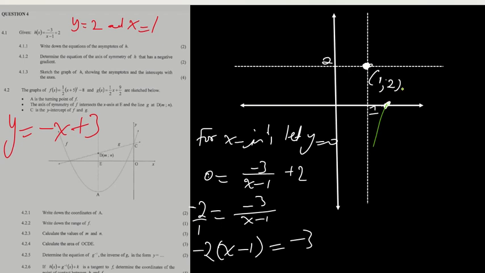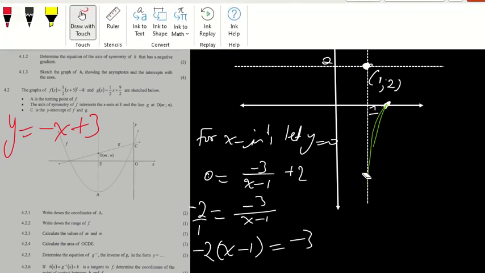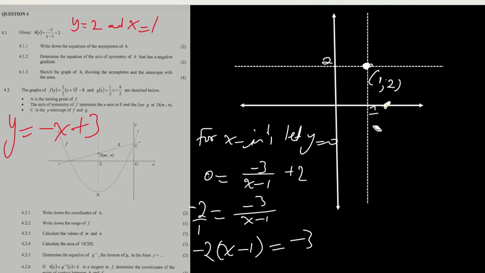Now this function intersects the x-axis, and there is no way that it can have a y-intercept on this side, because this asymptote doesn't allow it to go that way.